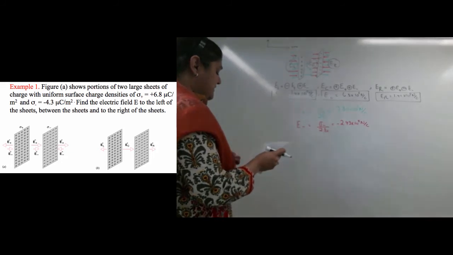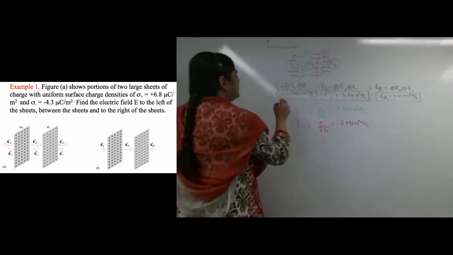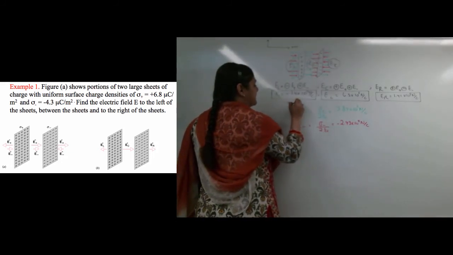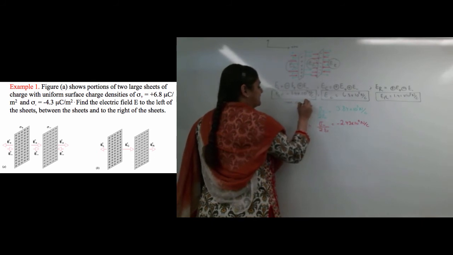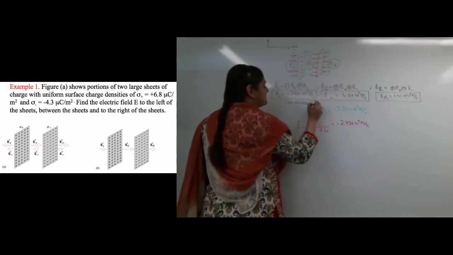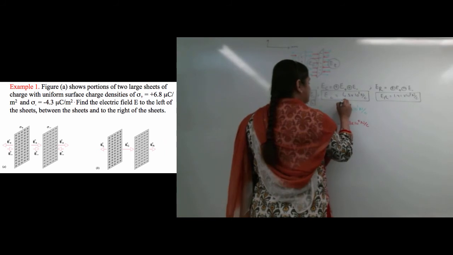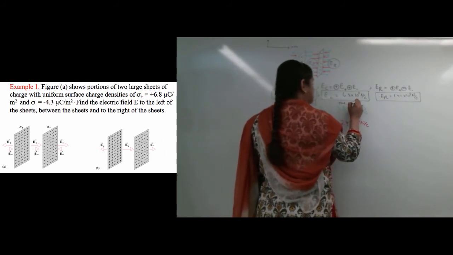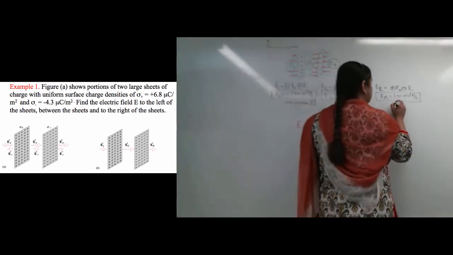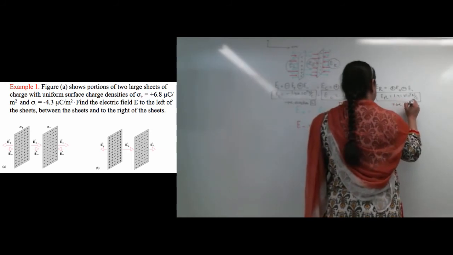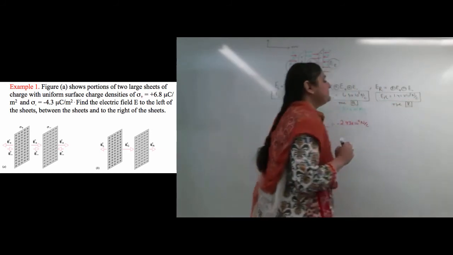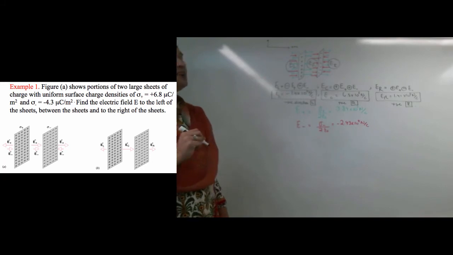So, where do each of these point? Well, this points towards the negative direction, so it points left. This is positive, so this is pointing to the right. And this also points positively, so this is also pointing right. So these are my three E's.